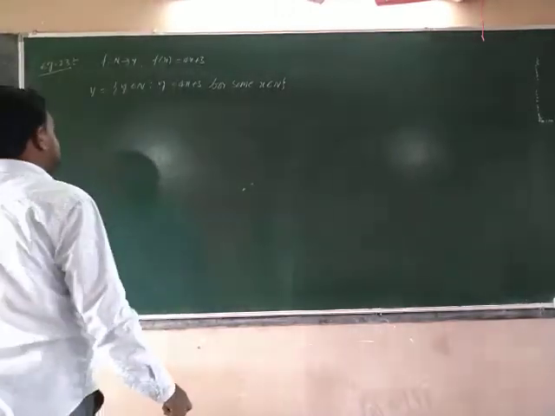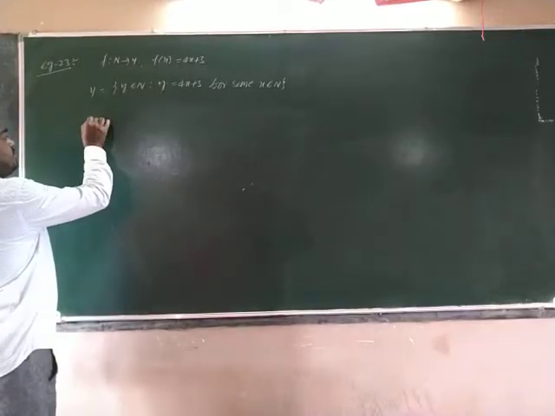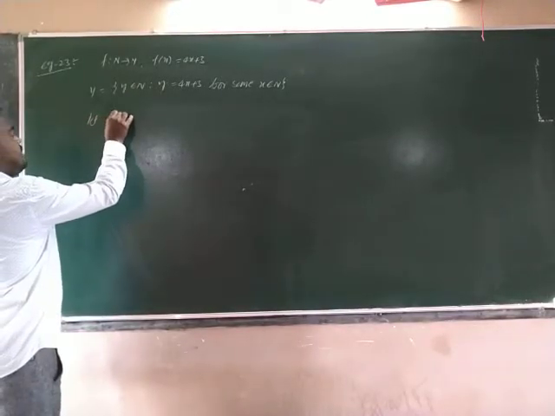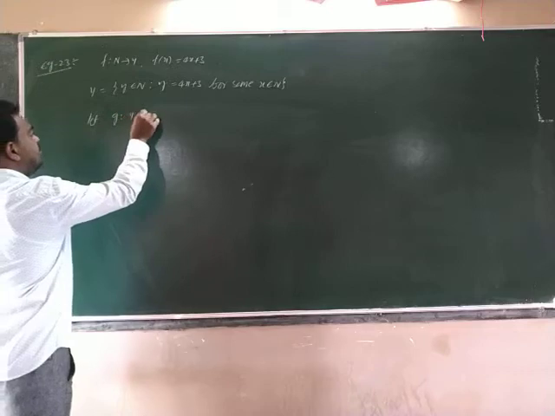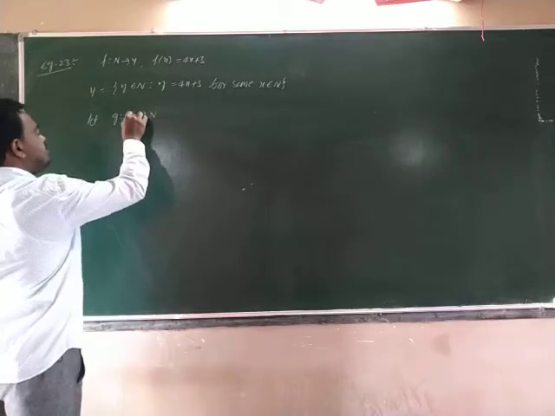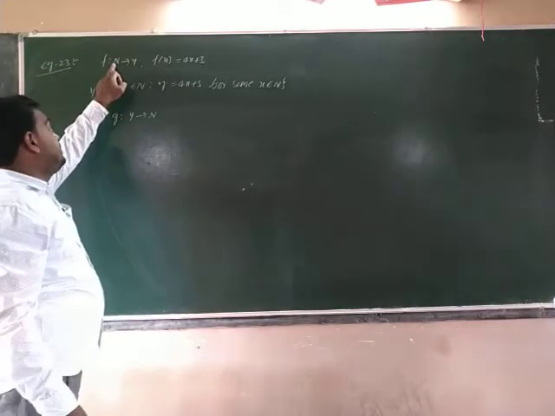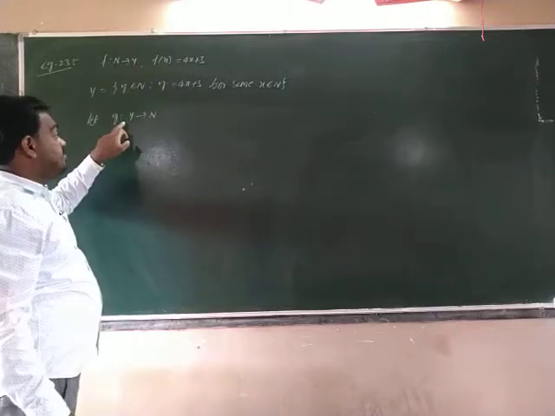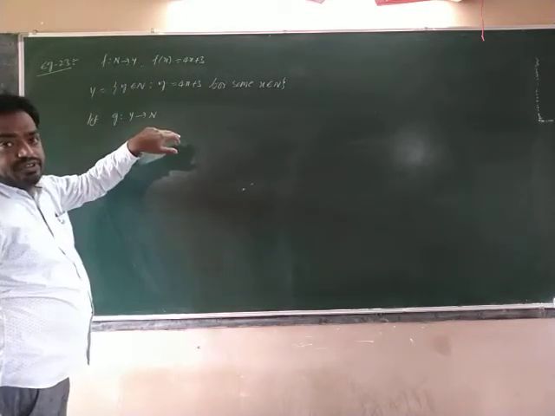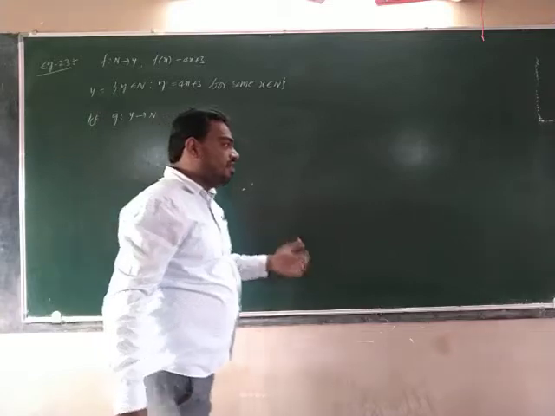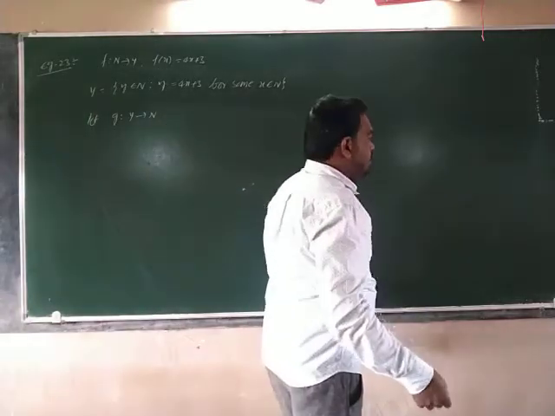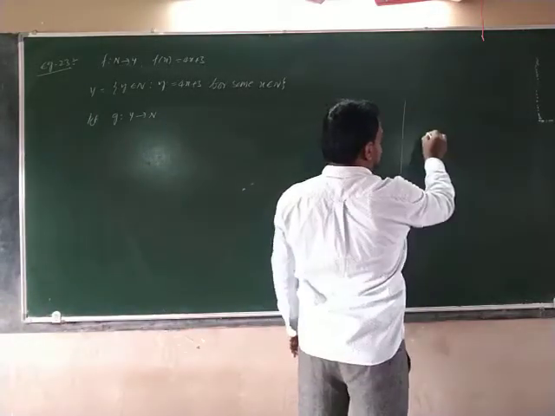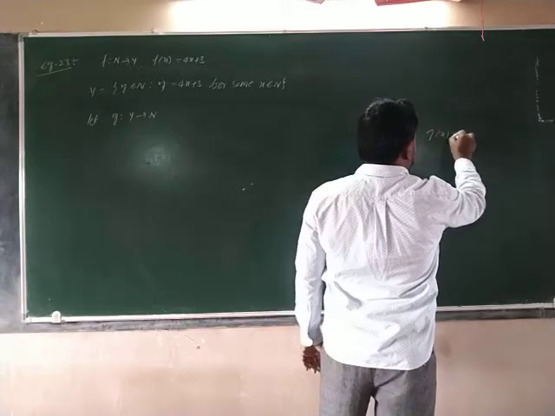See what we are assuming here. Let g be a mapping from Y to N. Why am I writing like this? Just I am assuming some g of x is equal to something.